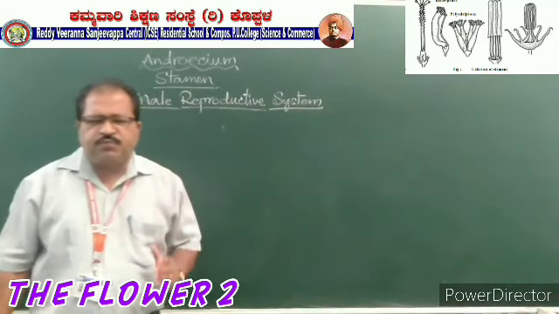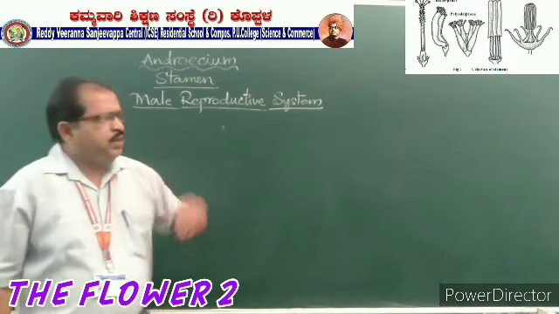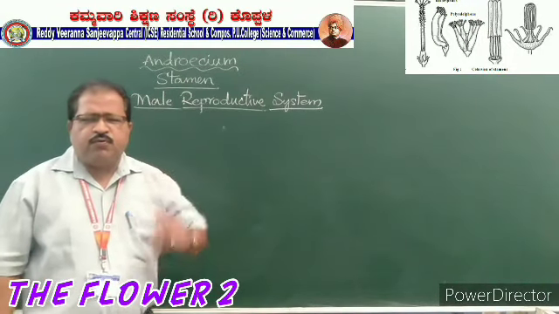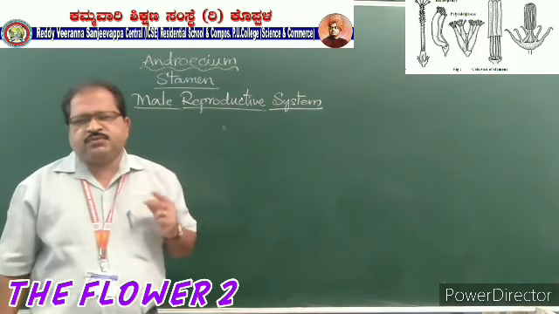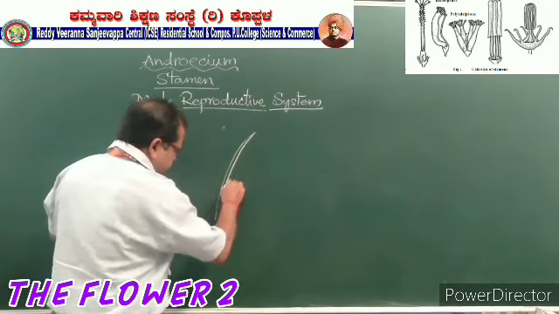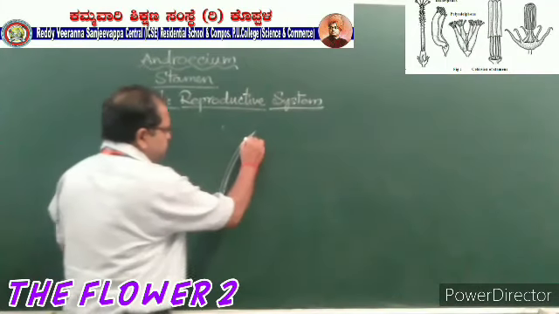This androecium, that means the stamen, consists of two major parts.